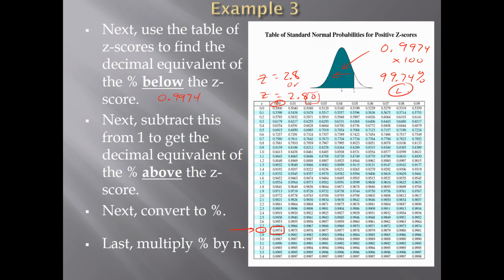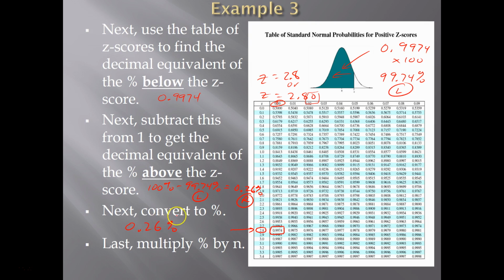Well, if 99.74% goes to the left, then I'm going to take 100% and subtract the left portion of it, and I'm going to get the right portion, which is 0.26% goes to the right. So 0.26%.